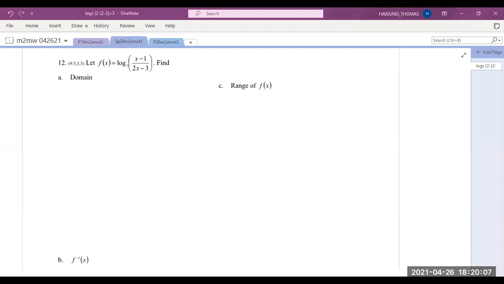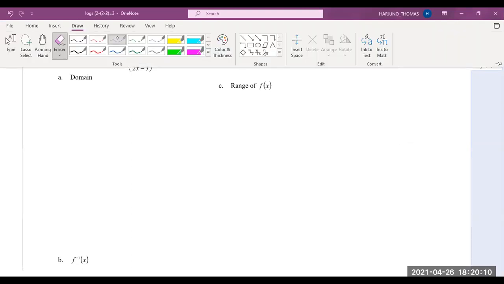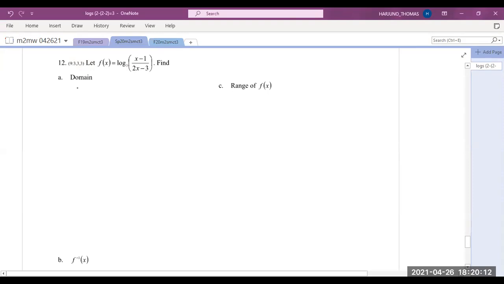Okay, let's start again. For the domain, x minus 1 over 2x minus 3 has to be strictly positive. Step 1, critical numbers: x equals 1, x equals 3/2. Second, the sign graph. x equals 1 gives us 0, x equals 3/2 gives us undefined.